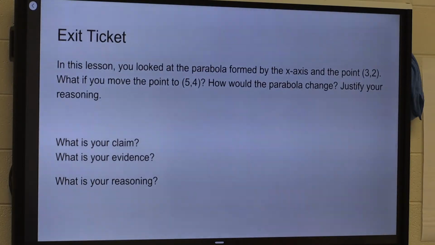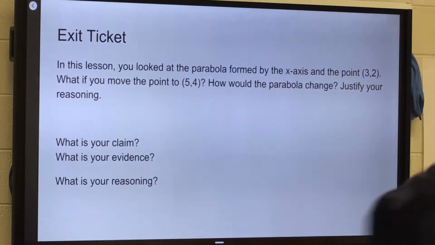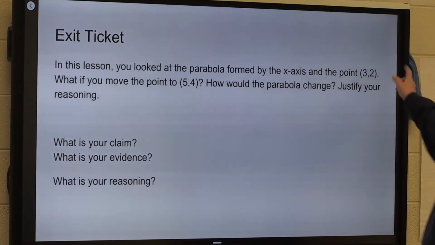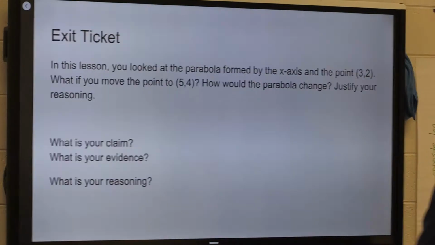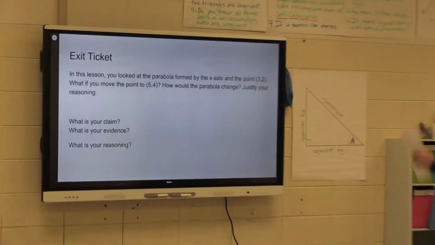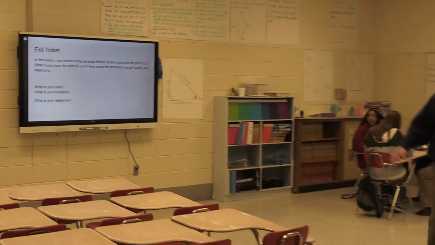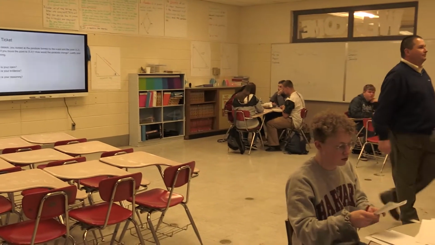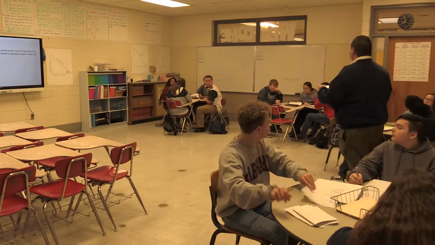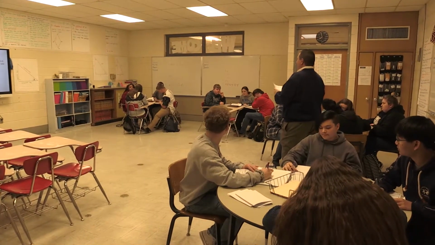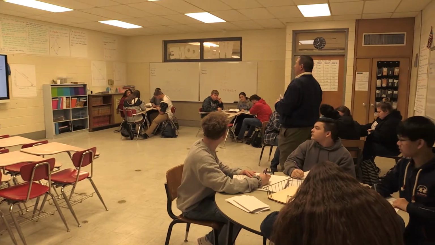We looked at a parabola formed by the x-axis using the point 3, 2. What would happen to our parabola if we move the point from 3, 2 to 5, 4? How would the parabola change? Justify your reasoning. So what's the claim? How would the parabola change? What is your claim?